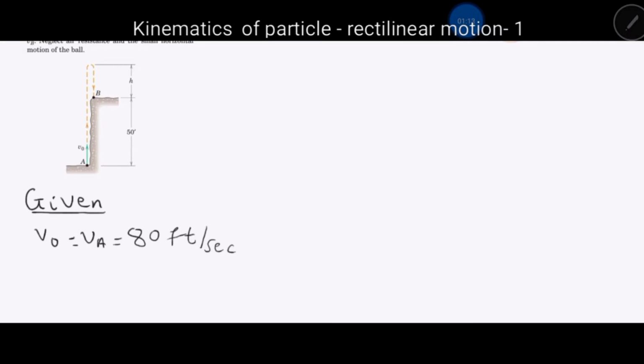And the other one is the distance from point A to point B, which is also 50 feet.